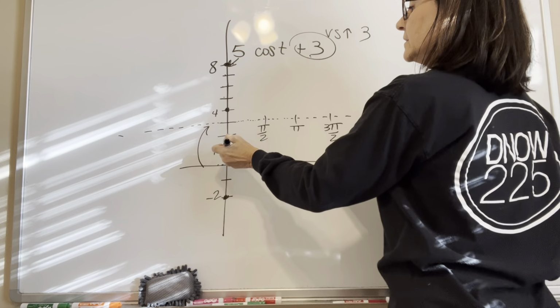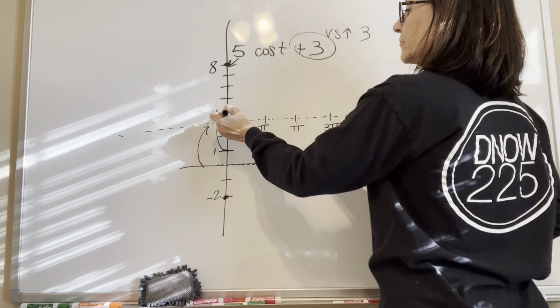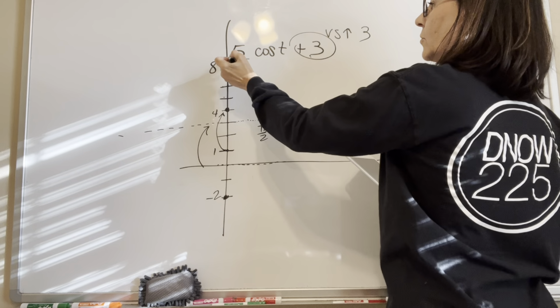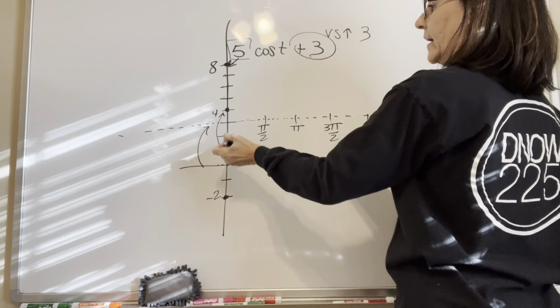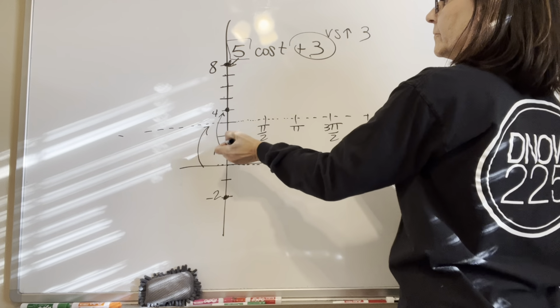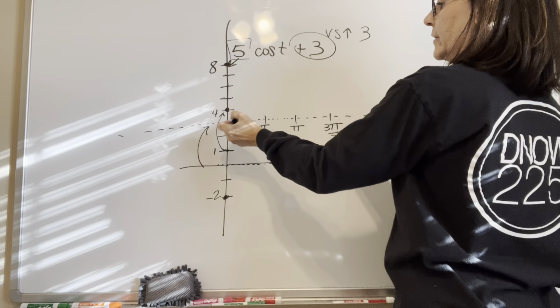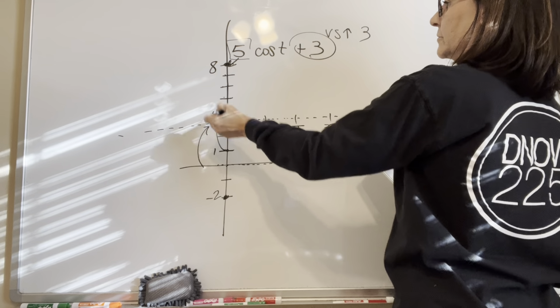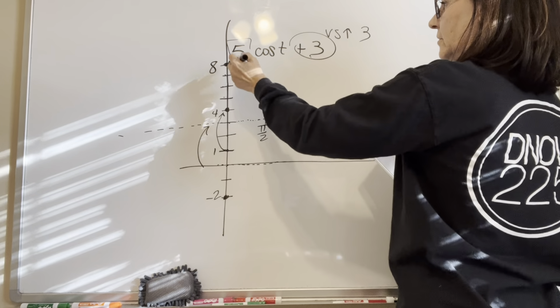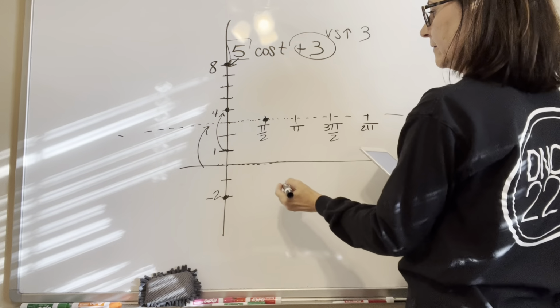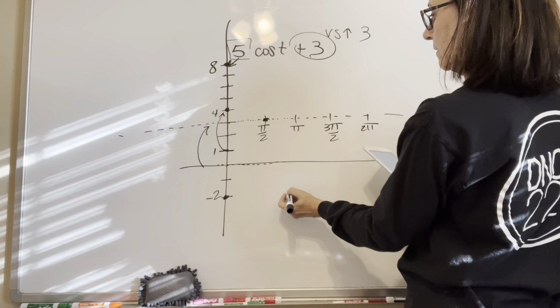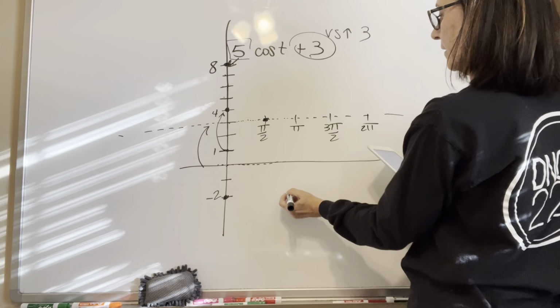I've shifted my point up 3, but instead of just going up 1, we're going to go up 5. So I'm going to go up 3, and up from my new x-axis 5. So it's 3 to 8. All right, so start there, here, here, and here.